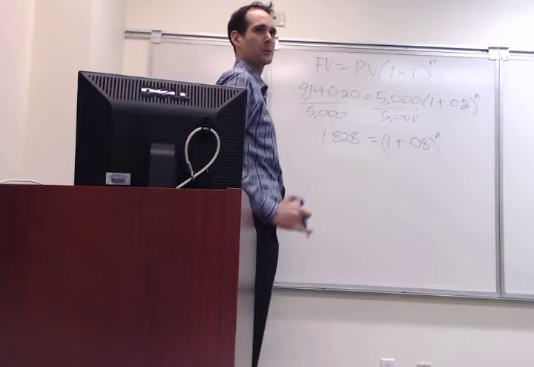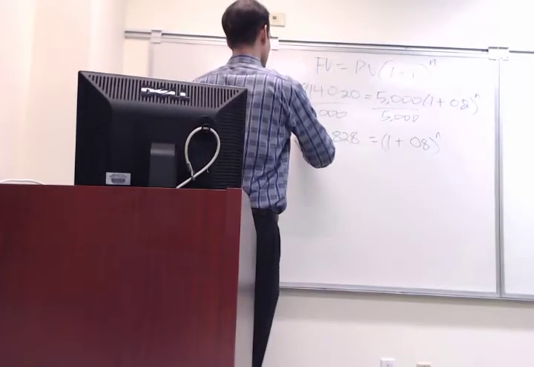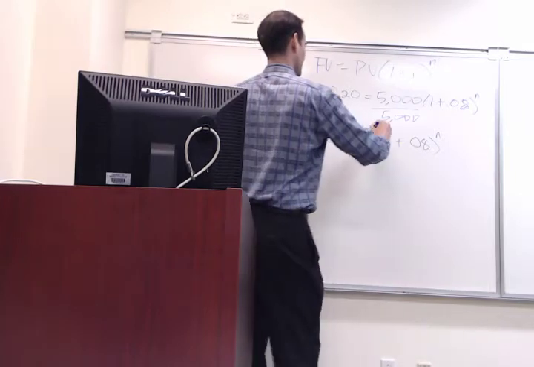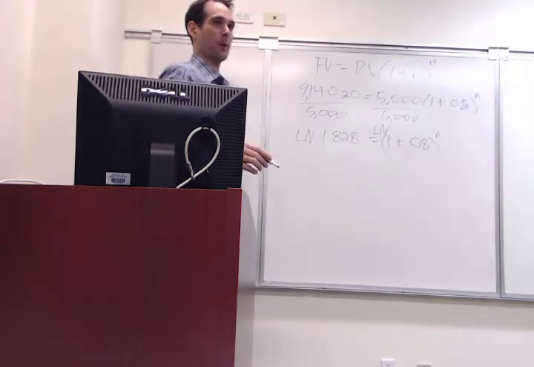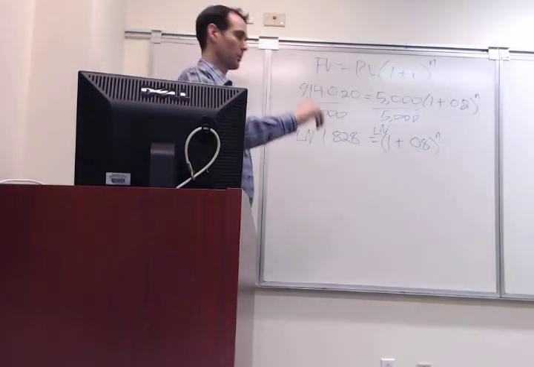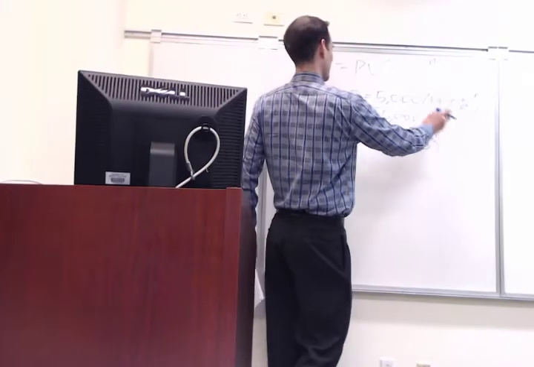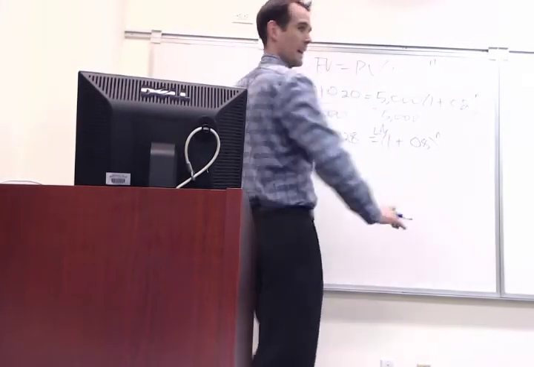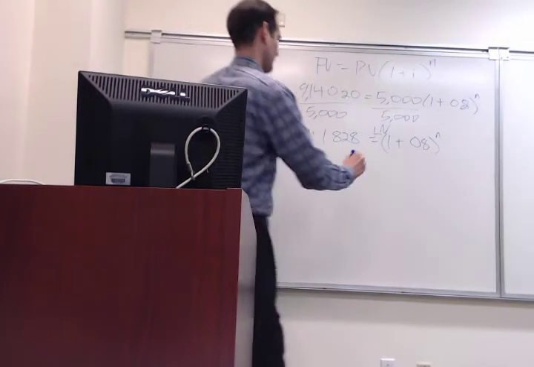Take our natural log of both sides. If we take the natural log of both sides, then based on some property we might have learned in high school, which I vaguely remember, it allows us to take the n down from the exponent and deal with it that way.